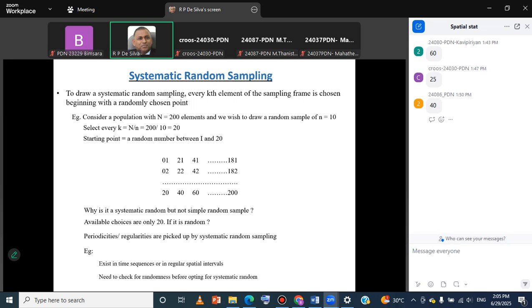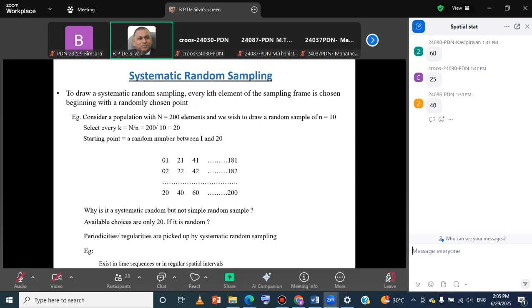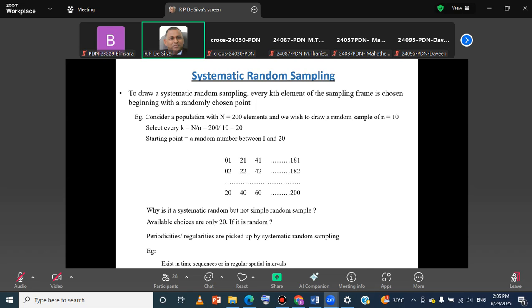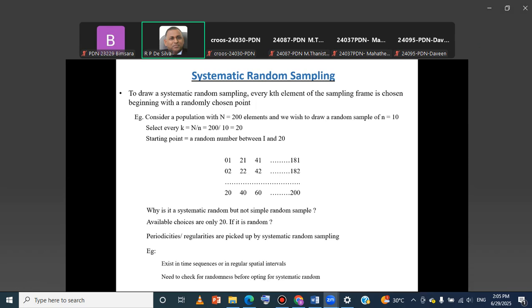So the first area is area 1, then 2, 3, 4. So 1 to 20, we put from top to bottom, and then 21 starts from the next column. So every column you have 20 areas. So you have altogether 200 areas, 20 into 10 columns. Okay.